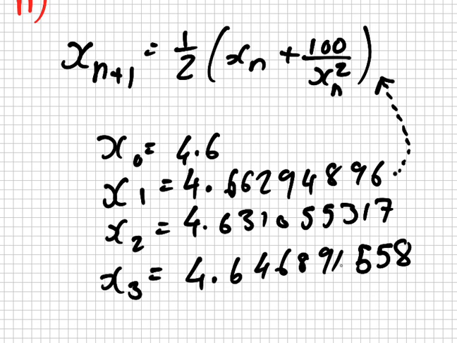I keep pressing answer. So I can make it recur, but it doesn't give me the next one. It gives you the same one. That means you're not doing it right on the calculator. Let's see what you've typed in. So I have to retype.